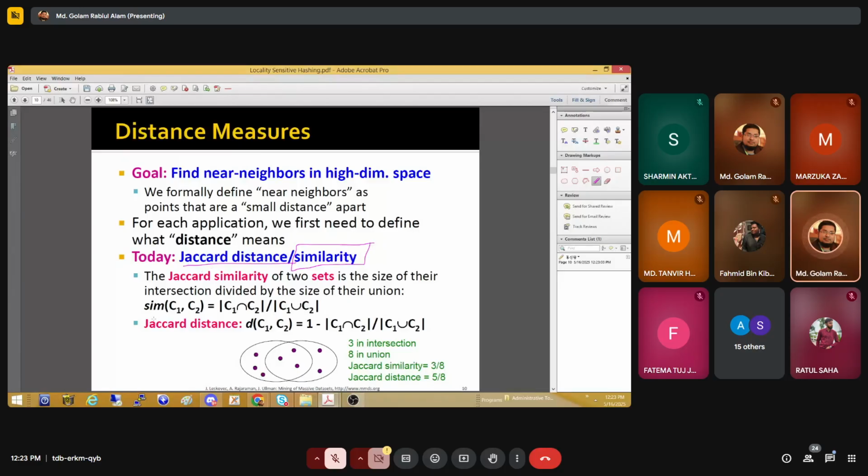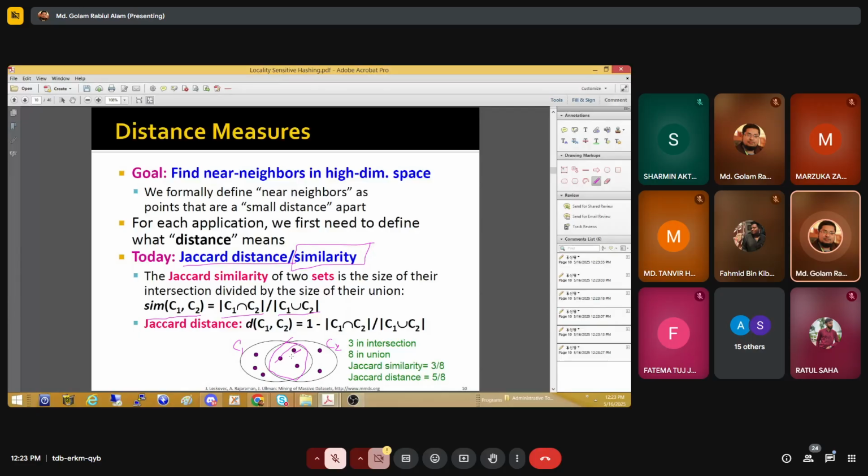If we consider the similarity between these two sets, then what the Jaccard similarity will do is try to find the intersection between these two and divide it by the union of these two. Okay, so if we consider this one is our C1 and this one is our C2, then if we intersect these two, we can see this is the intersection zone.